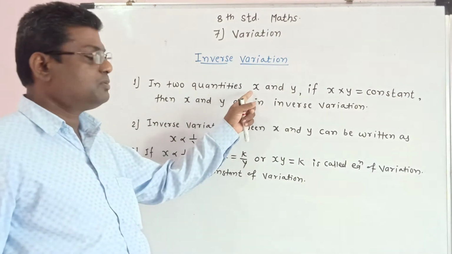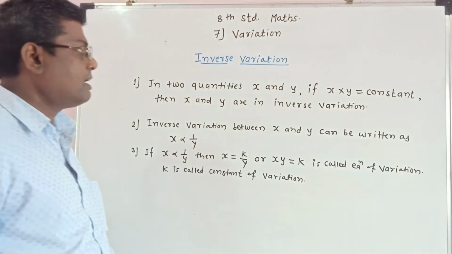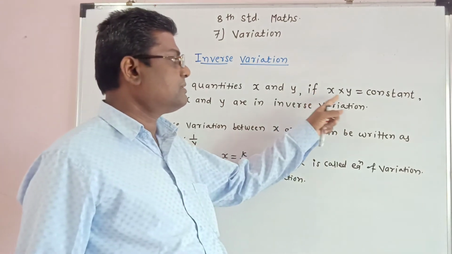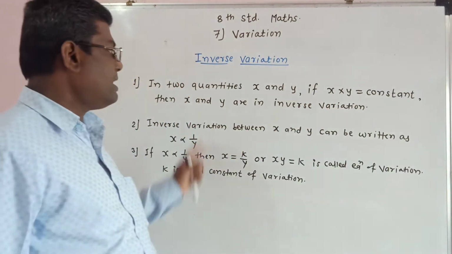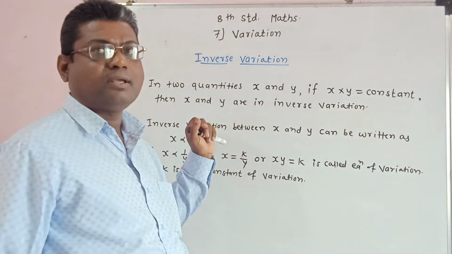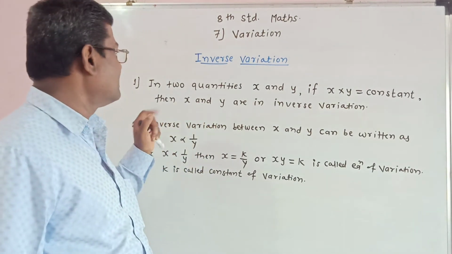If there are two quantities x and y and their product x into y is equal to constant, then x and y are said to be in inverse variation.